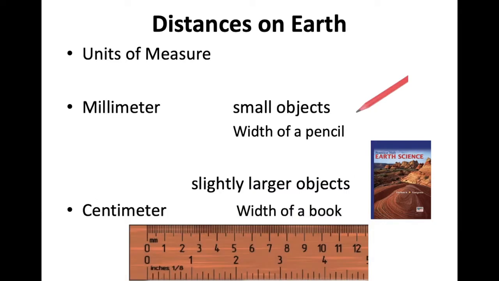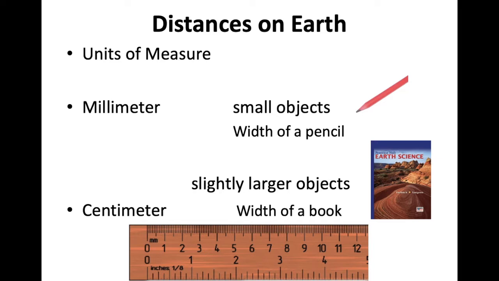So let's talk a little bit about distances and different units of measure that we use. We talked about measurements. It was our very first unit in this entire class, and we've grown and learned so many different types of them. If you're dealing with smaller objects, whatever measurement you're using should accurately match what you are measuring.